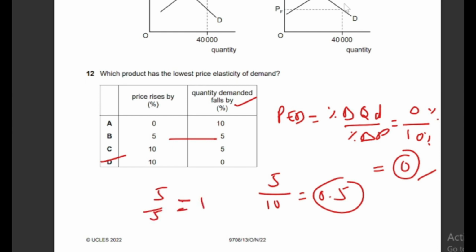In case of option A, 10% quantity demand over 0% change in price will be infinite. Infinity is definitely again greater than 0, so option D is the correct answer. It's a mathematical rule, if numerator is 0, answer will be 0. If denominator is 0, then answer will be infinite.